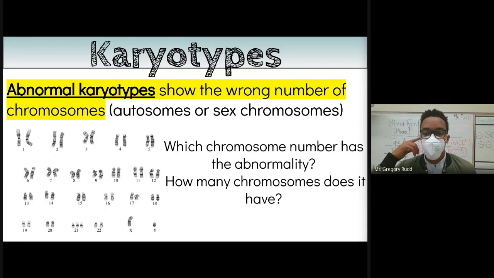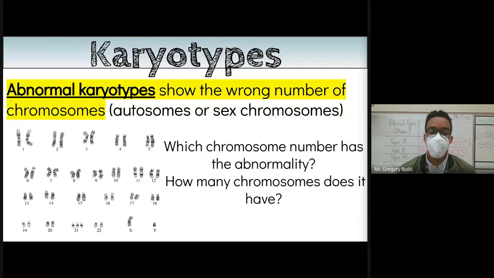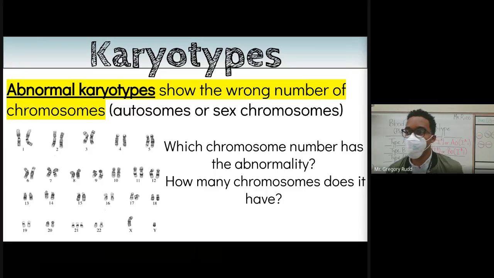Abigail and Melissa and several others were able to tell me that the normal human cell should have 46 chromosomes. A person who has 47 or 45 or even 48, that person has an abnormal number of chromosomes and likely has some type of disorder.